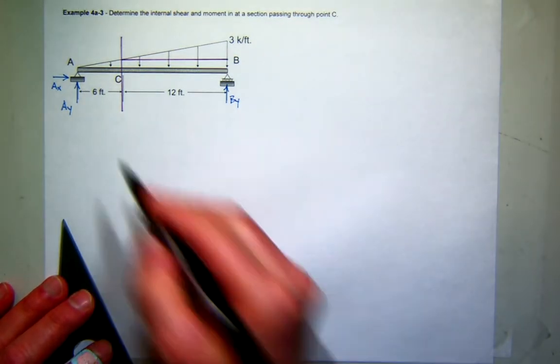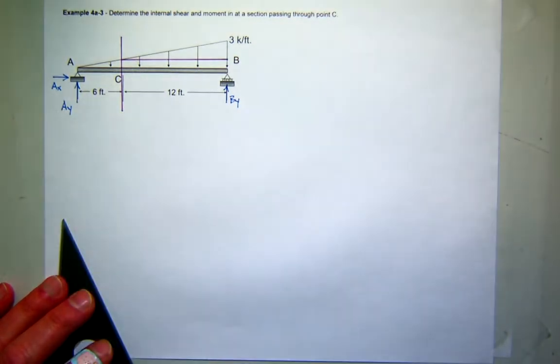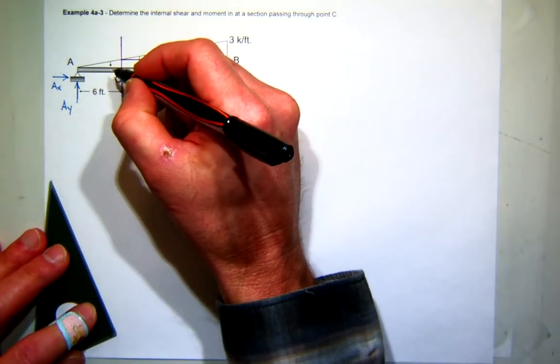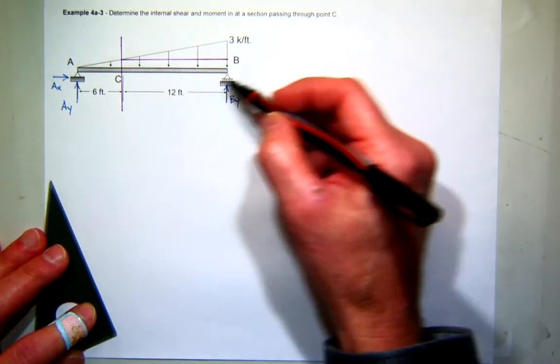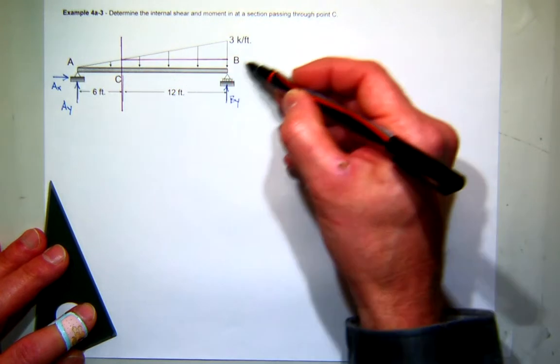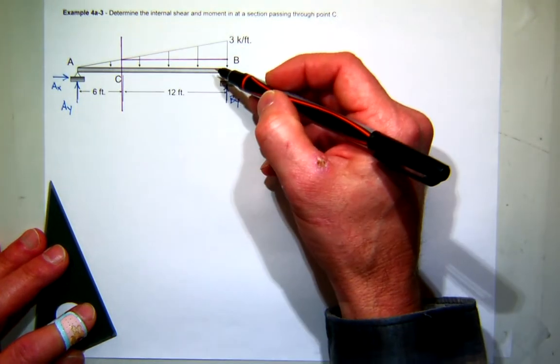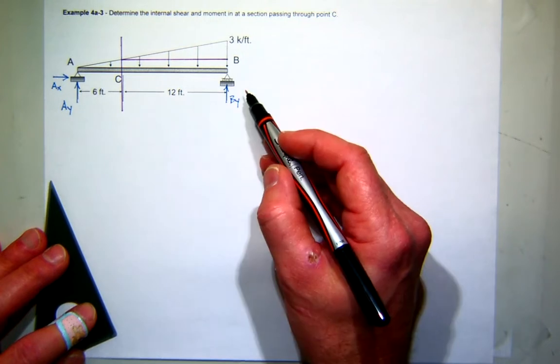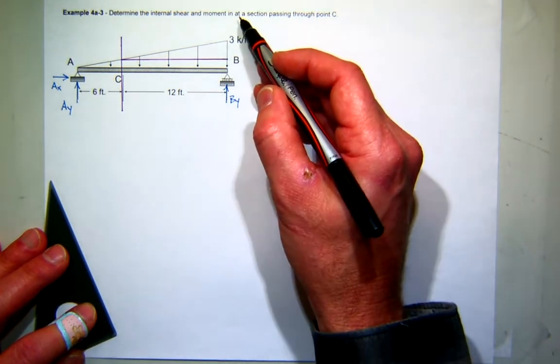So doing that, I want to find my reactions at A. To do that, I need to find the total load under this diagram. It's a triangle, and a triangle is 1/2 base times height.